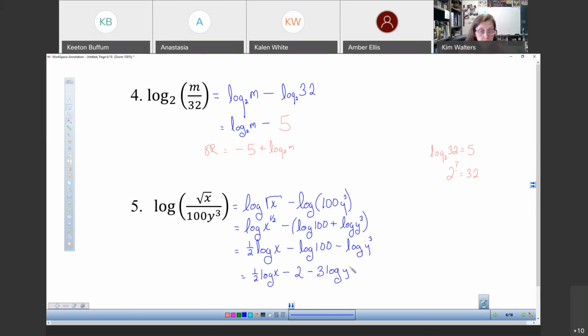Questions? The other nice thing about the log of 100, you can actually put that in your calculator. Your calculator will do common logs, the log base 10. So you can do log of 100 and it will also give you 2 if you don't remember that. So 100 is 10 to the second power. And then I have this 3 that comes down in front because it's my exponent.